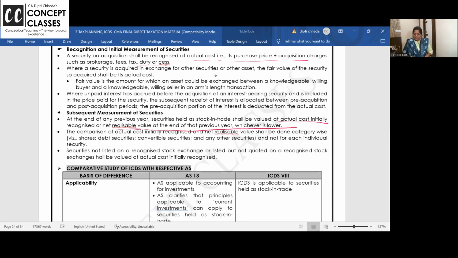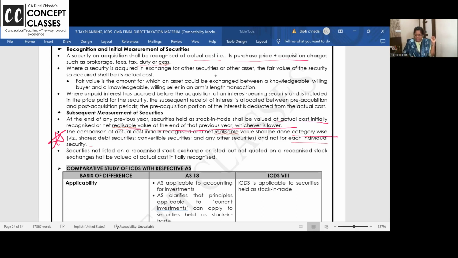Okay. But most important is this point, star mark. Yesterday only you must have done it, but if you have missed the point, that cost or NRV, whichever is lower, shall be done category wise. Share is a category, debt is a category, and not for individual securities.